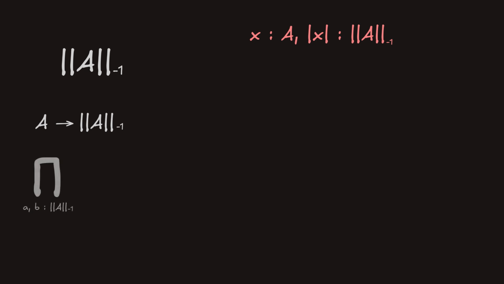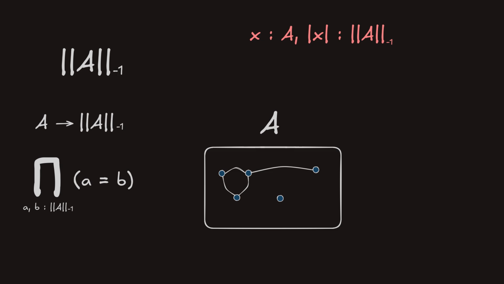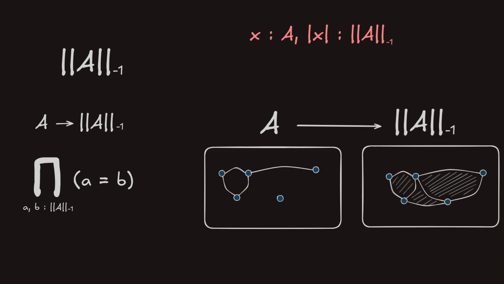Firstly, for every term in A, we have a term in the propositional truncation of A. Secondly, for every two terms in the truncation of A, we can construct a path between those terms. In other words, propositional truncation turns a type into a mere proposition.